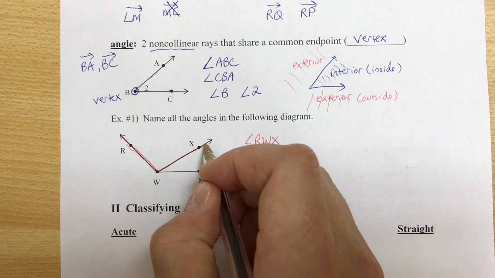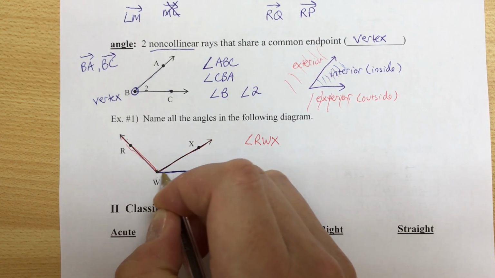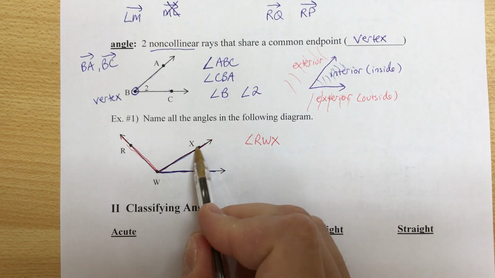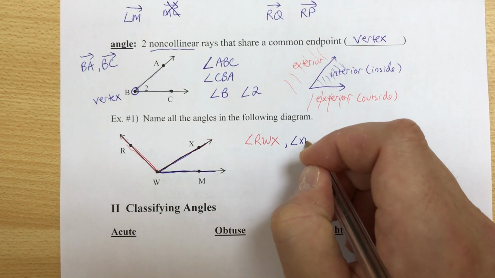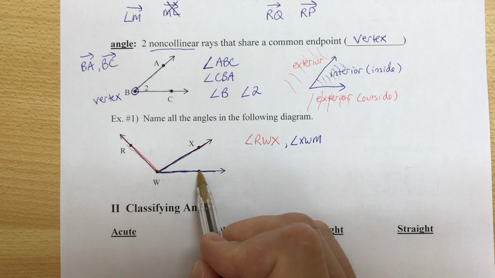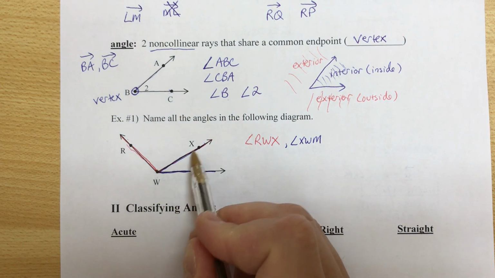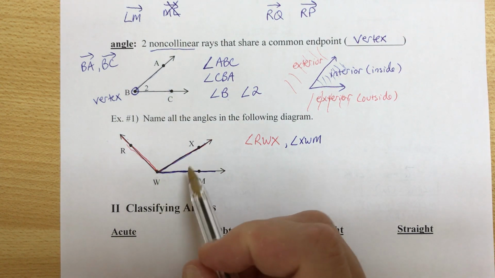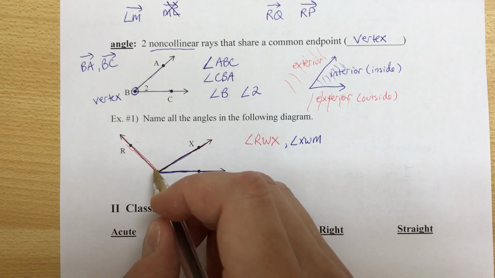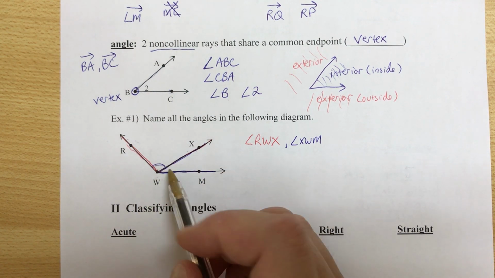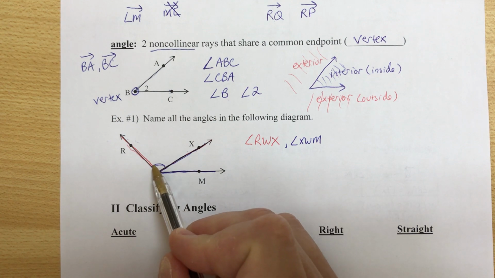We have another angle here, which I'll put in blue, angle XWM, or angle MWX. So again, W is the vertex. So we have two small angles. So we have angle RWX here, and you'll see we'll draw arcs sometimes.